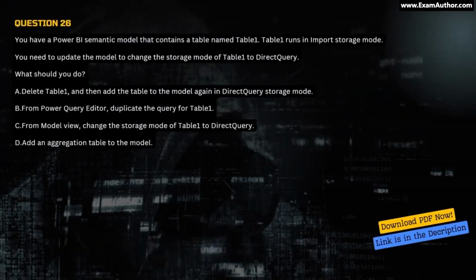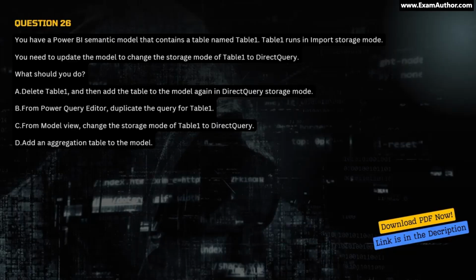Question 26. You have a Power BI semantic model that contains a table named Table 1. Table 1 runs in import storage mode. You need to update the model to change the storage mode of Table 1 to Direct Query. What should you do? A. Delete Table 1 and then add the table to the model again in Direct Query storage mode. B. From Power Query Editor, duplicate the query for Table 1.